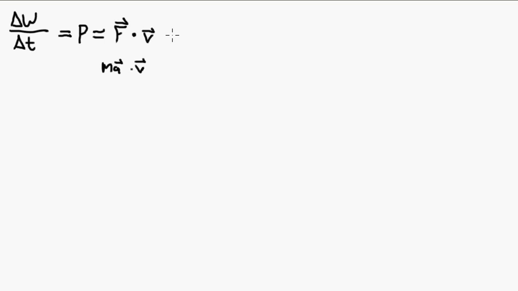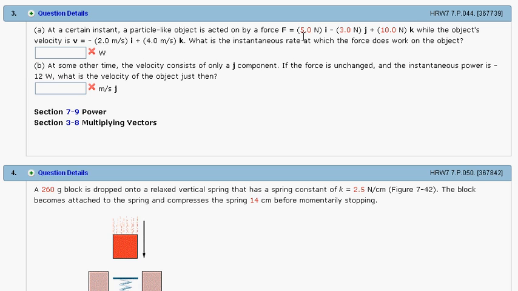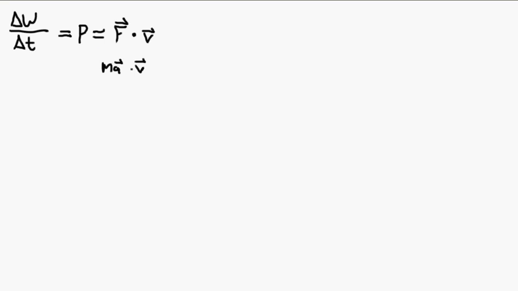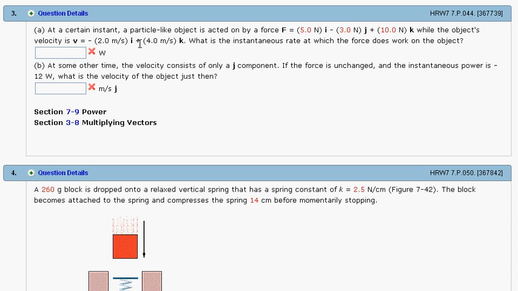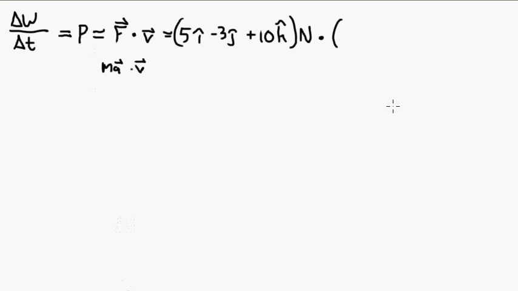So now let's take our actual numbers. Our force was 5i minus 3j plus 10k newtons, dotted with the velocity, negative 2 i hat plus 4 k hat meters per second.